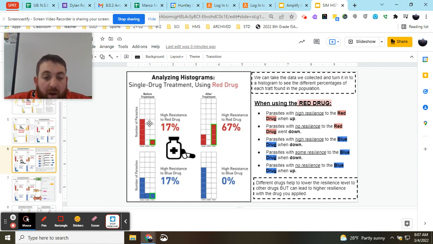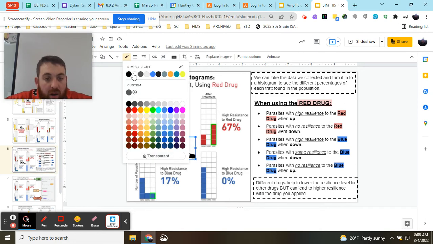We see that before we had our drug treatment, 17% of them have high resilience and the rest have none. After we applied the drug, we see it has changed. With that same population, we had a certain number that had no resilience to the blue drug. 17% had a high resistance to the blue drug. And if you notice here, we have a new set of traits found after we apply the red drug.